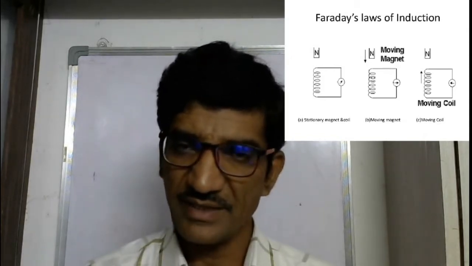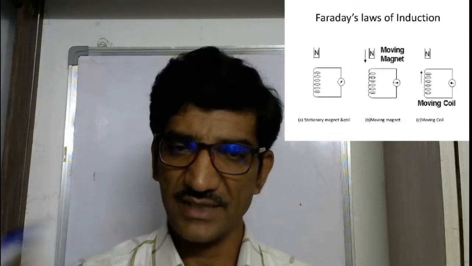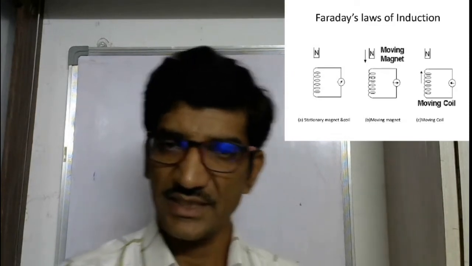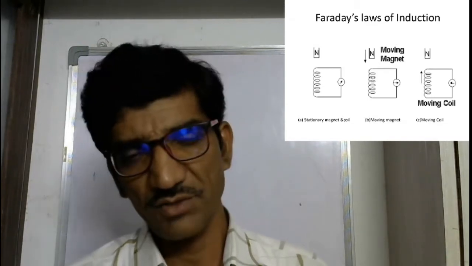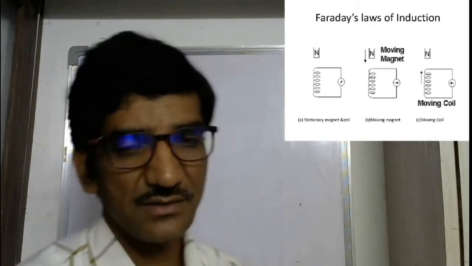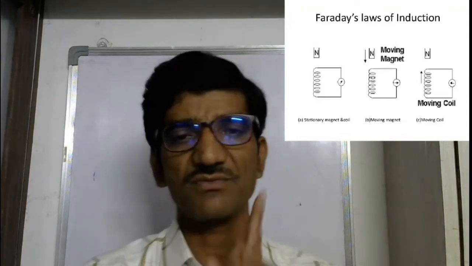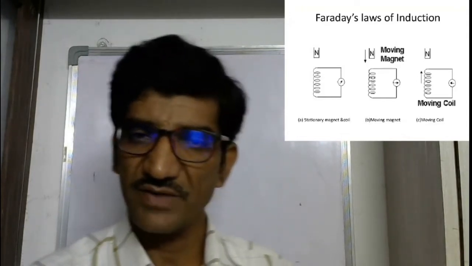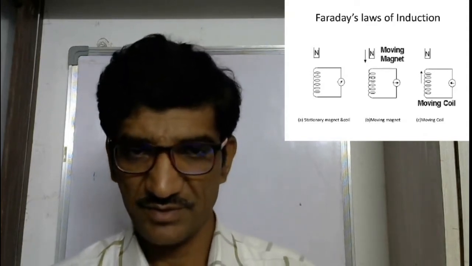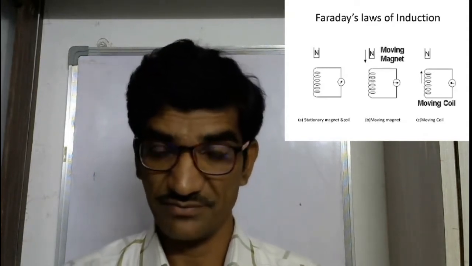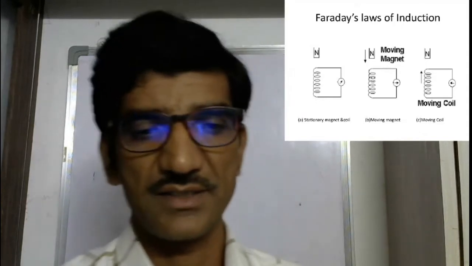This is maintained in case B and case C. In figure B and figure C, relative motion is there. Either you may move both of them, but you have to move at least one of them in order to get the varying magnetic field, that means in order to get the induced EMF.